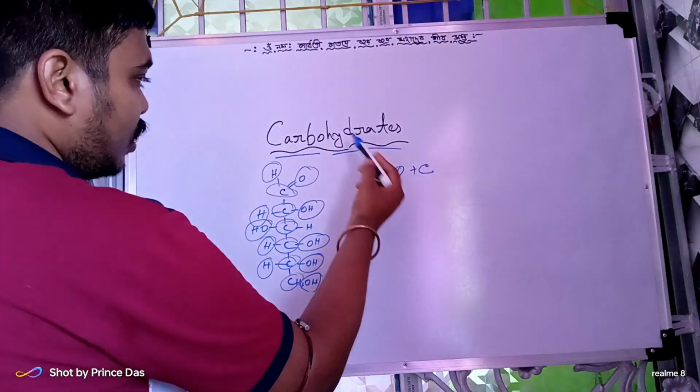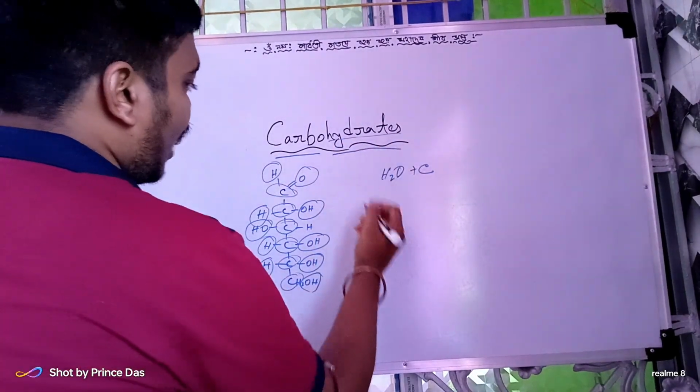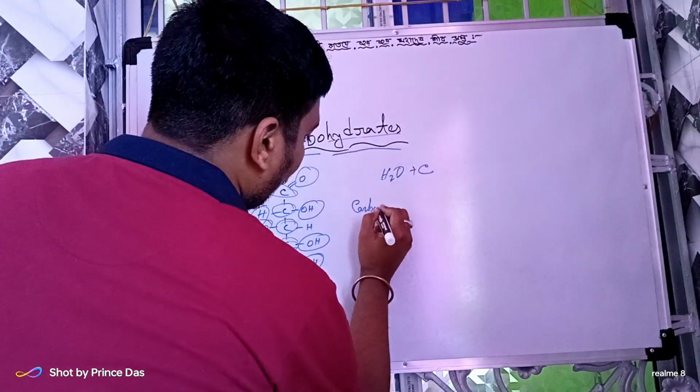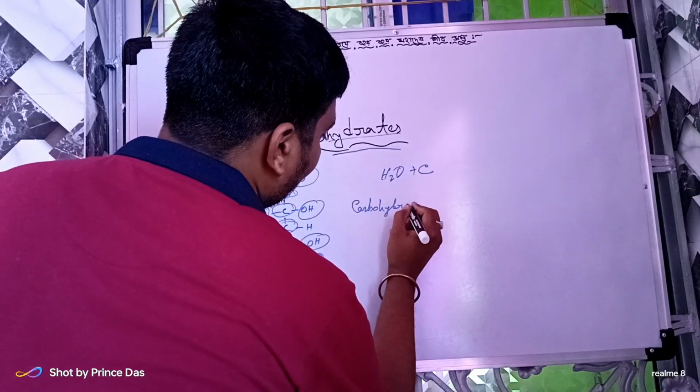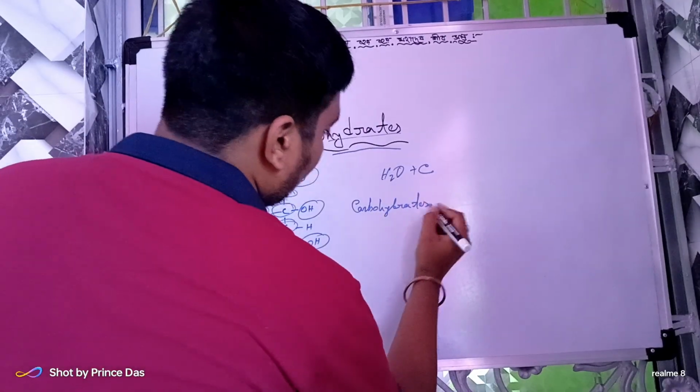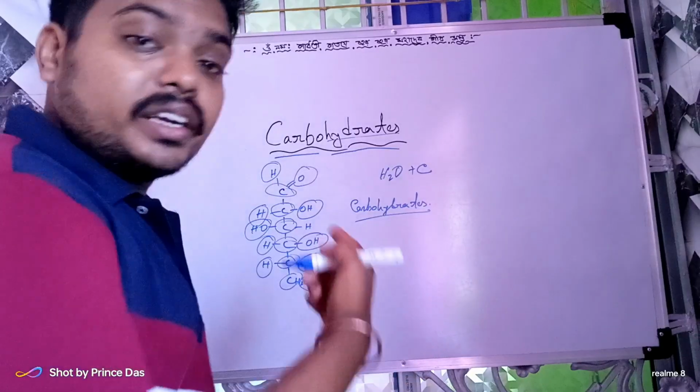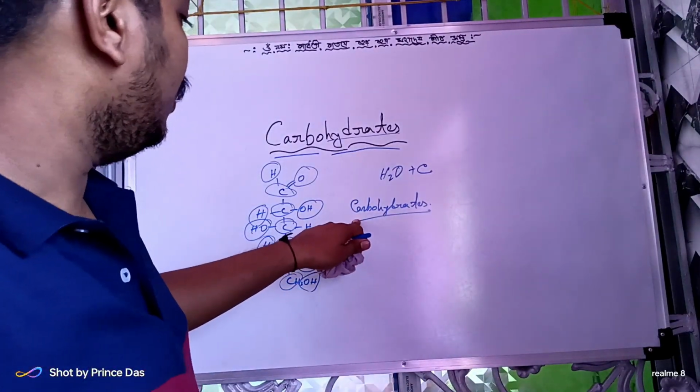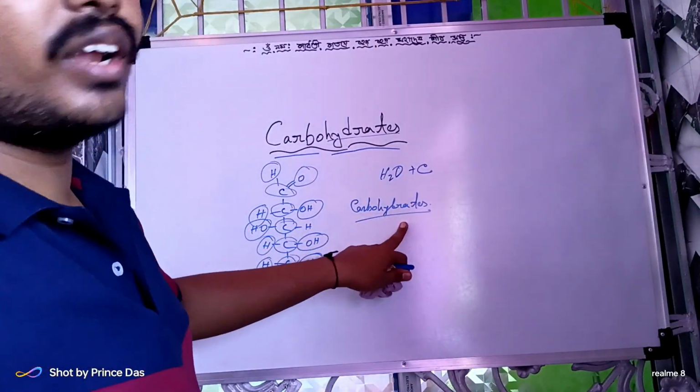With carbon and hydrates, it's called carbohydrates. So carbohydrate means carbon plus hydrates, means hydrolysis.